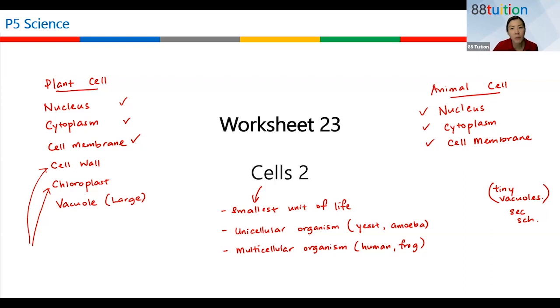You say it helps to keep its shape. Now, "it" is something that we try to avoid using. Since I talk about the cell wall, you should say the cell wall gives the cell its shape. You should say that the cell wall gives the cell a definite shape, something like that. It's better. Otherwise you are going to lose marks there. The teacher doesn't want to guess what you're trying to mean.